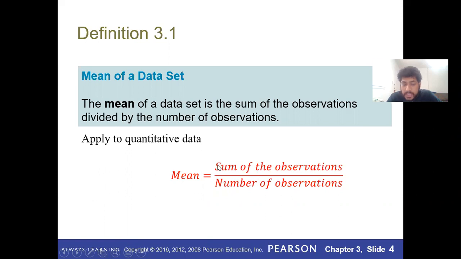The numerator is the summation of all the values, divided by how many observations there are. We call that the mean.